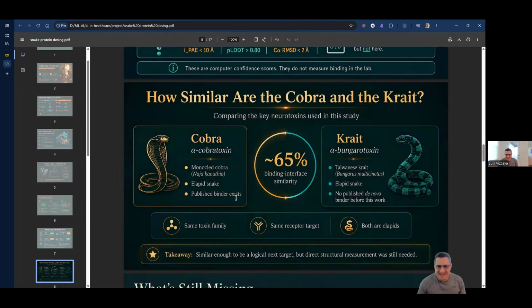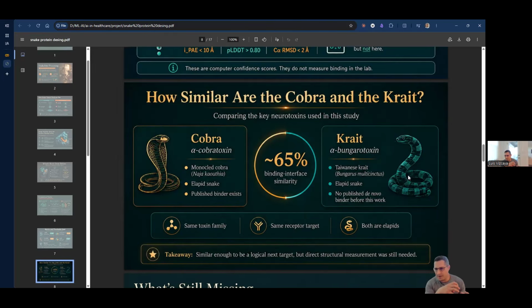And I really like this aspect, deciding to use AI for creating proteins, and I tried to tackle a similar problem. I realized that the krait, the Taiwanese krait, this snake here, is kind of similar to the cobra. They are in the same family, they are elapids.